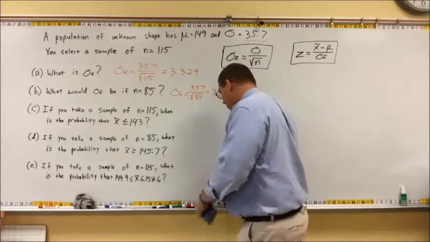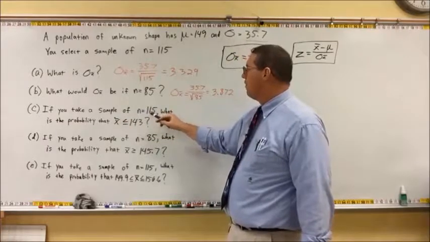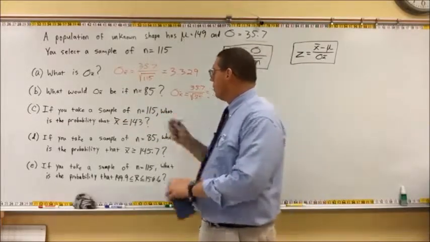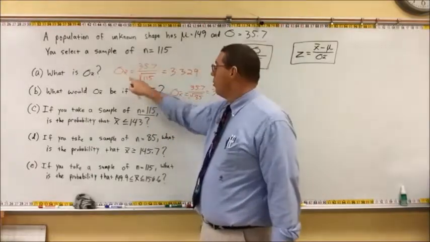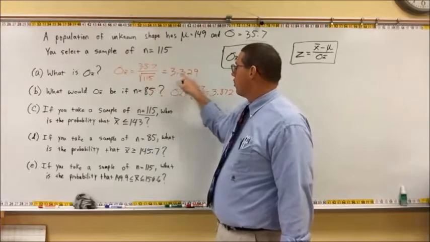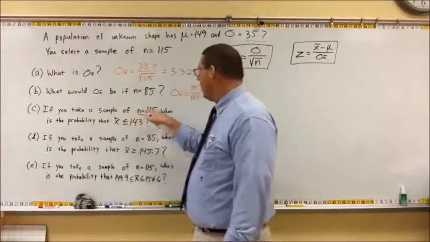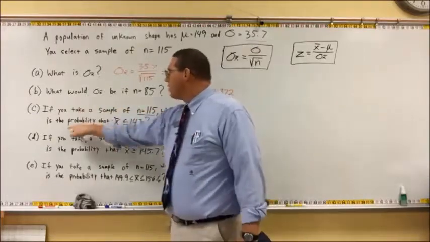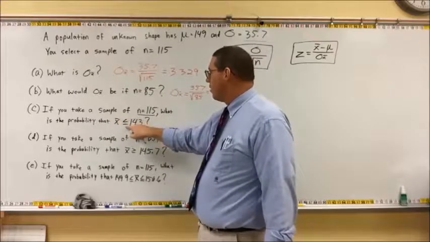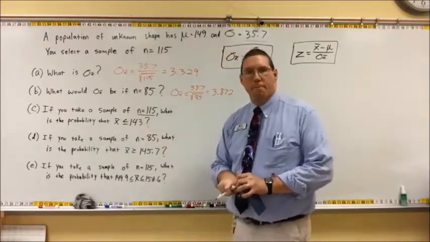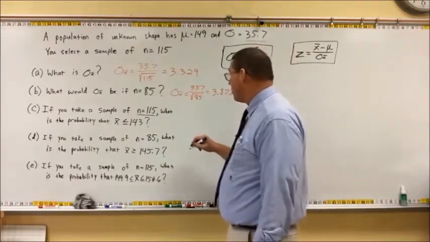Now, this question says, if you take a sample of 115, that means we're going to use this standard error, the one that has 115 in it. So we're going to use 3.329 as the standard error. If you take a sample of n equals 115, what is the probability that your sample mean, your x bar, is going to be less than or equal to 143? To answer that question, we need a z-score. So your first step is to find a z-score.